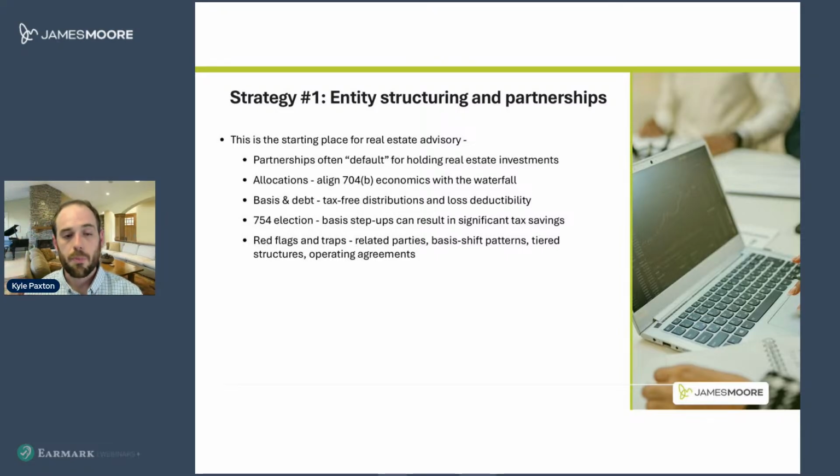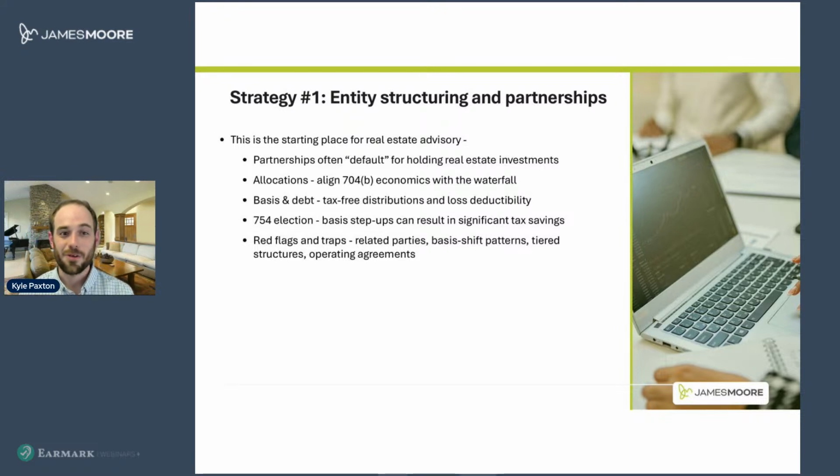So the partnership structure allows you as an investor in the partnership to get basis in your partnership interest for both any capital you've contributed and your share of debt in the property. A lot of real estate is leveraged, right?